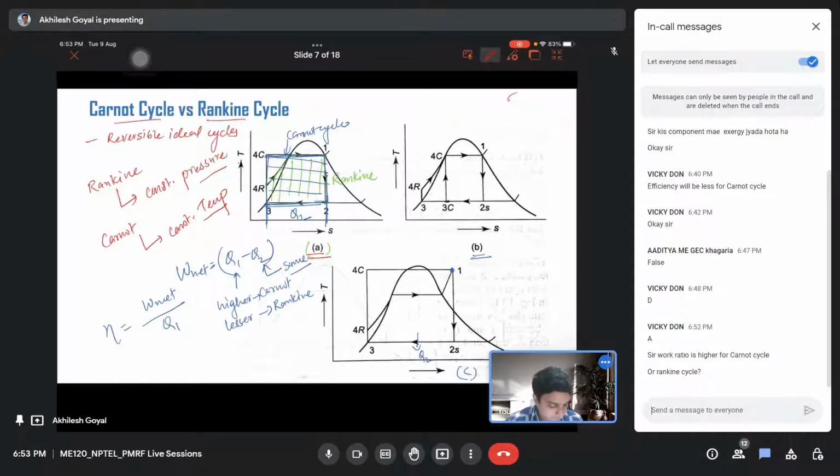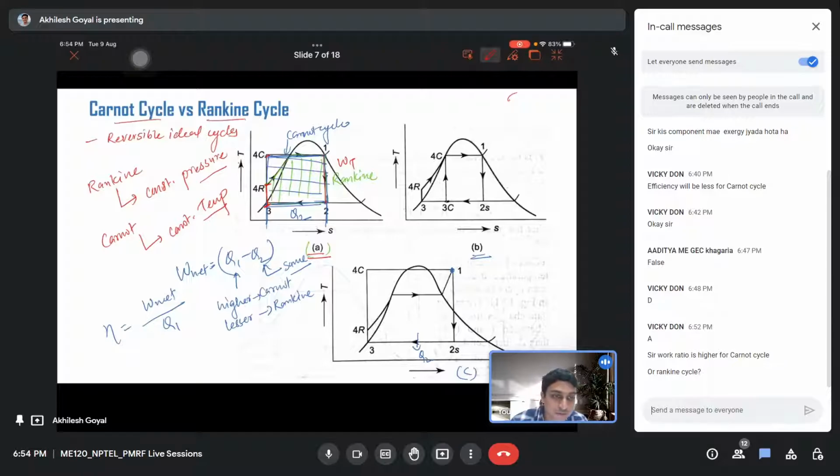Here you can see that in Carnot cycle and Rankine cycle both, the WT is same. But if you see pump work WP for Rankine cycle, it is from 3 to 4R, that is smaller compared to the pump work in Carnot cycle, that is from 3 to 4C. So for same turbine work, the pump work in Carnot cycle is higher compared to Rankine cycle.